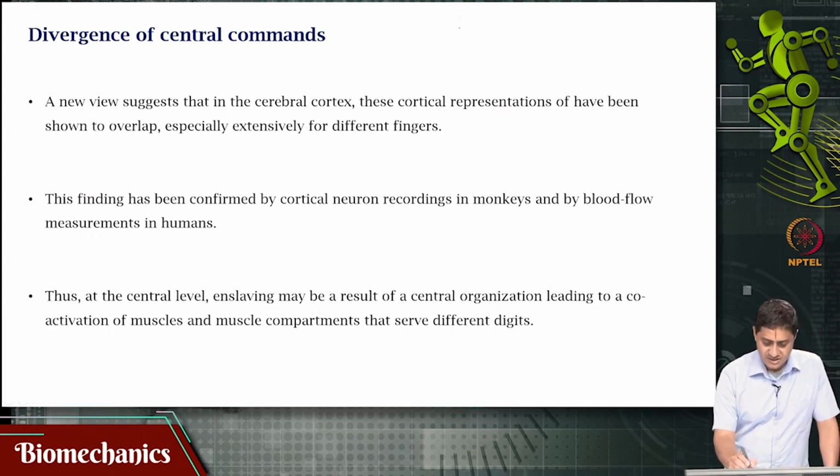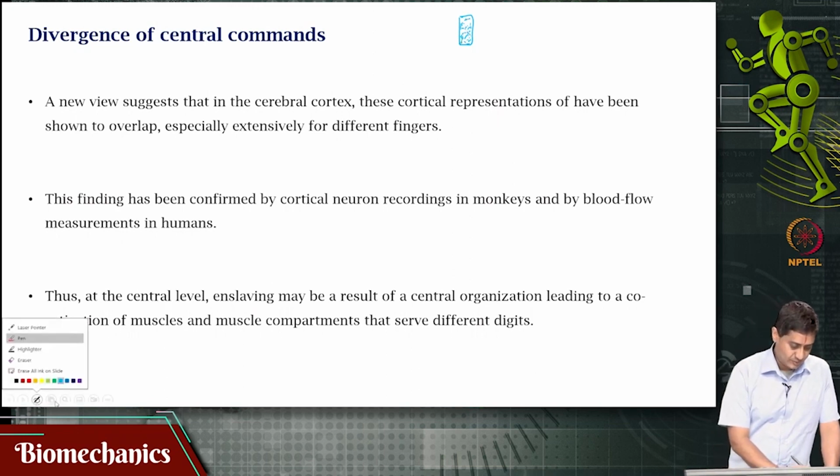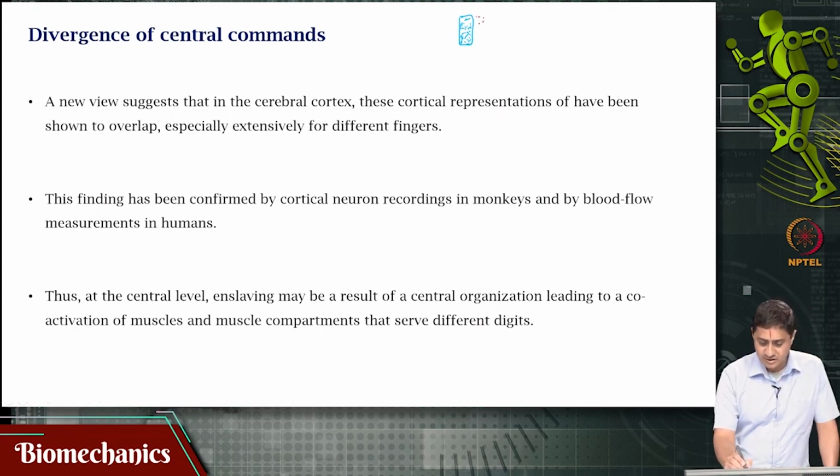Let us say this is the index finger region of the brain, these are all the index finger neurons that I am marking in light blue. Then I have the middle finger neurons that are marked in red.